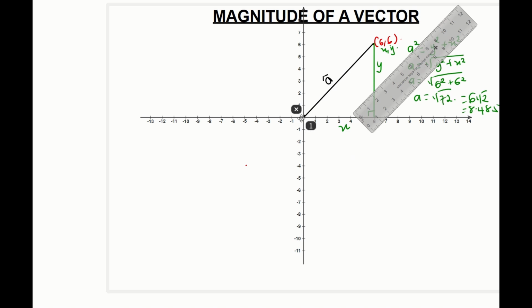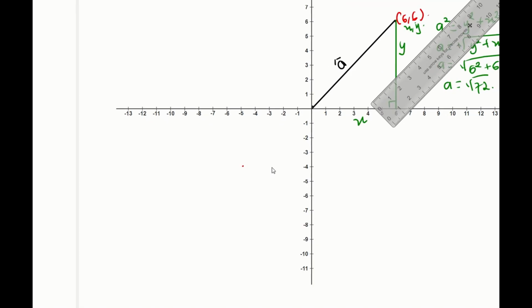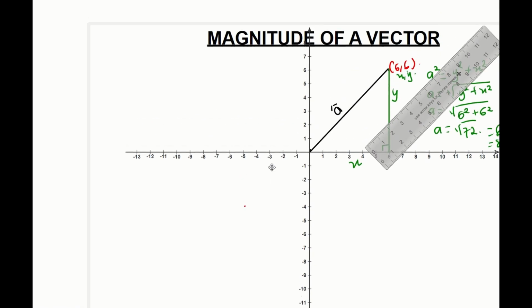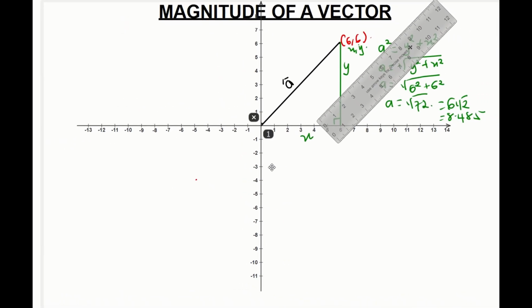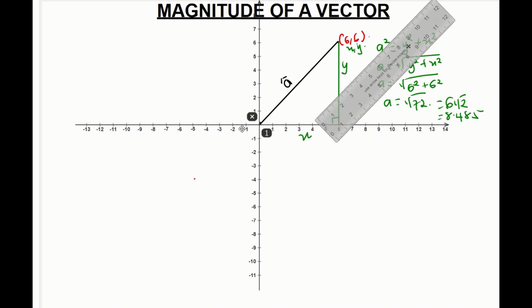Let's also look at a different one. Let's zoom that out again. Let's also consider a different vector here, and let's use red.